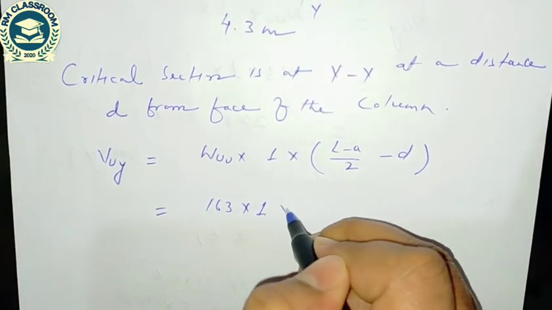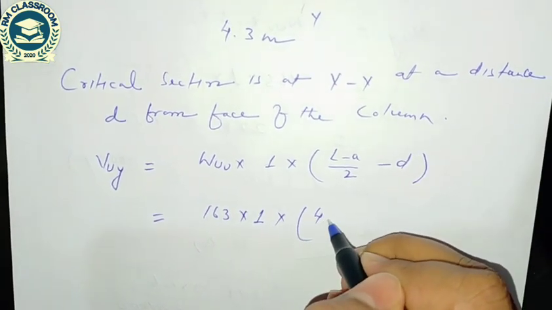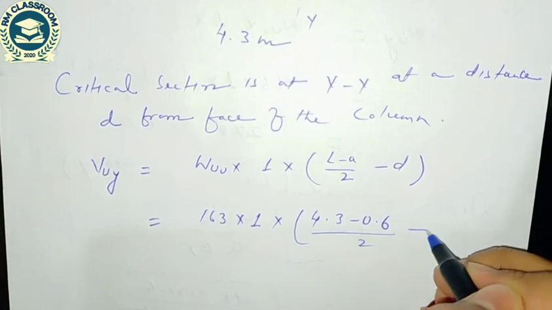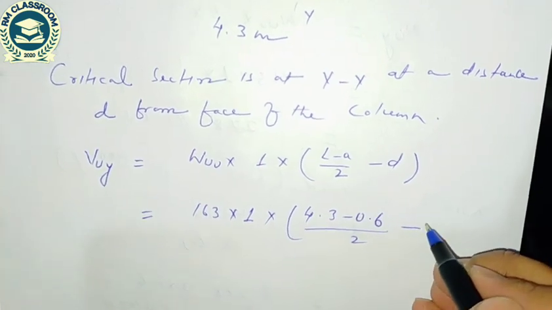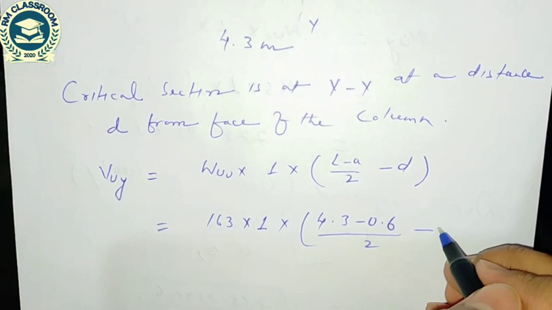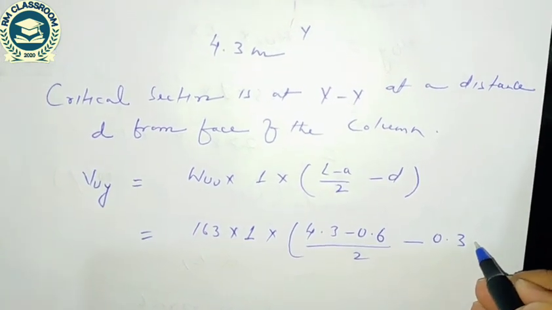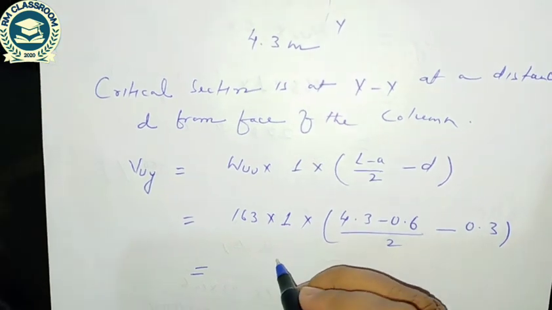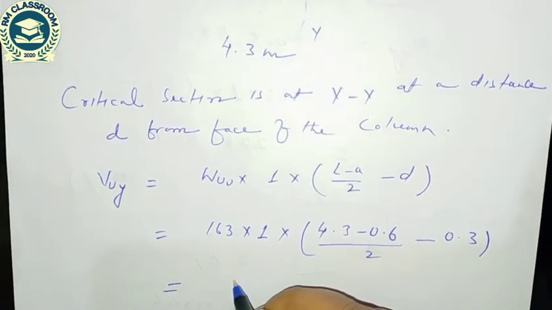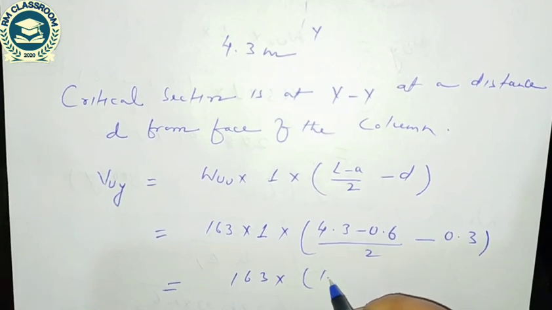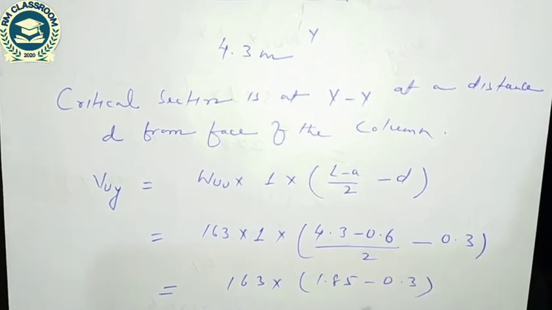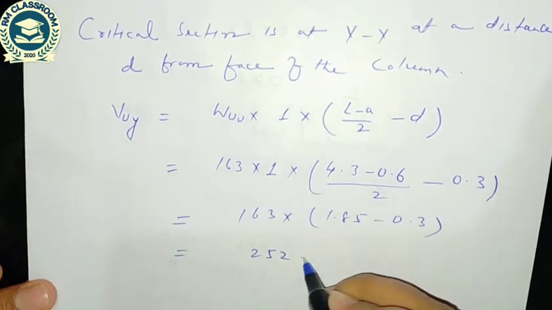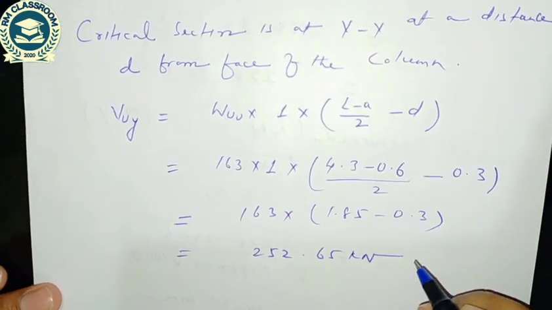163 into 1 into (L is 4.3 minus 0.6 by 2 minus d, d is 0.3). So it is coming 163 into (1.85 minus 0.3). Shear force is 252.65 kilonewton.